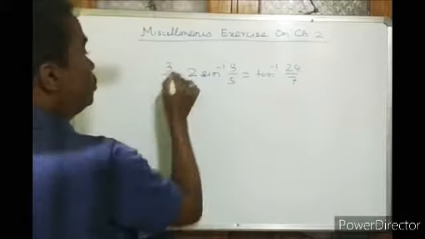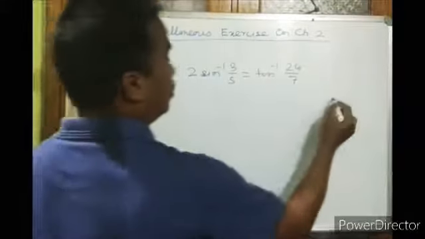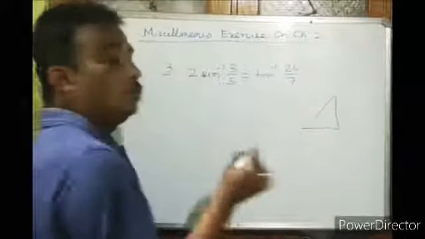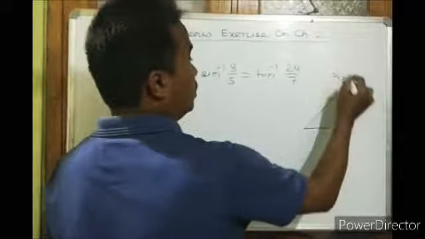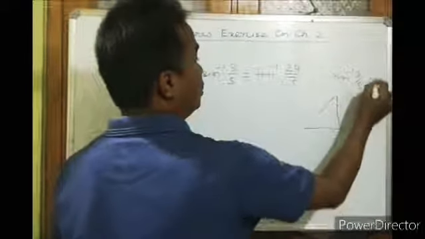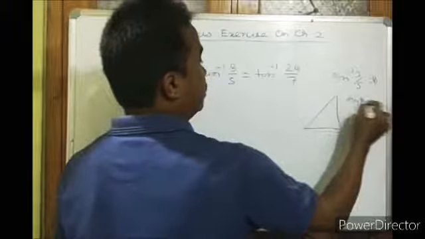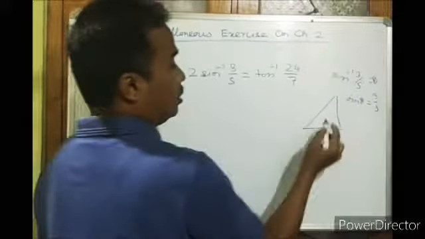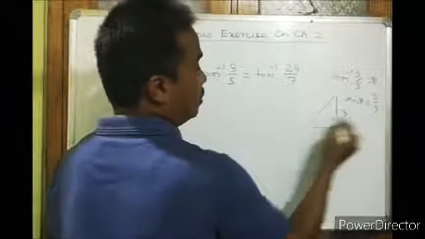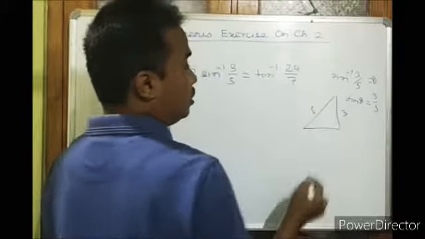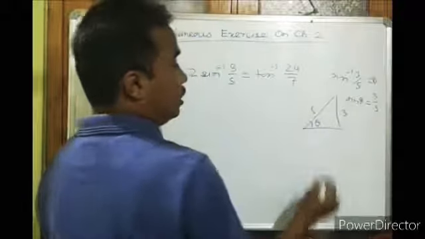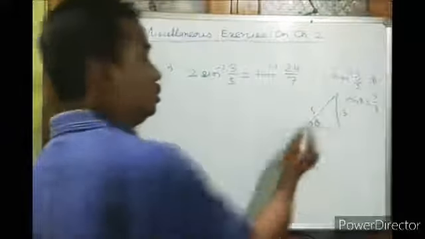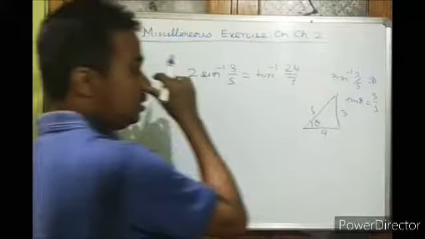So how to do this? Sin inverse 3 by 5. If we take sin inverse 3 by 5 equal to theta, then sin theta is equal to 3 by 5, as 3 is our perpendicular and 5 is our hypotenuse, and this is our theta. In that case, by using Pythagoras theorem, this side is equal to 4. So base is our 4.